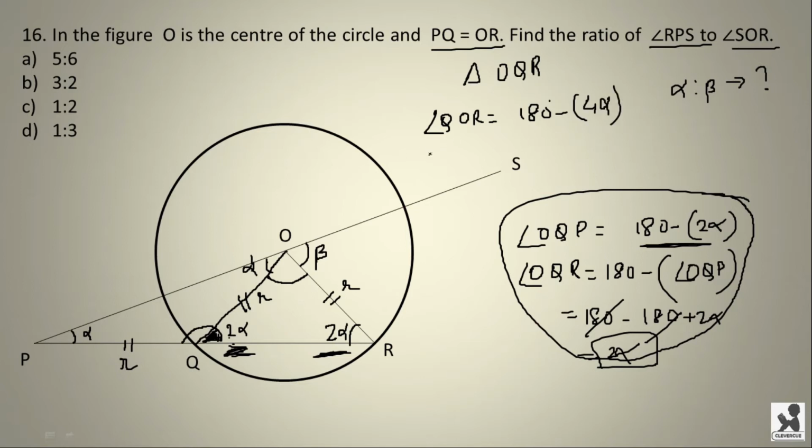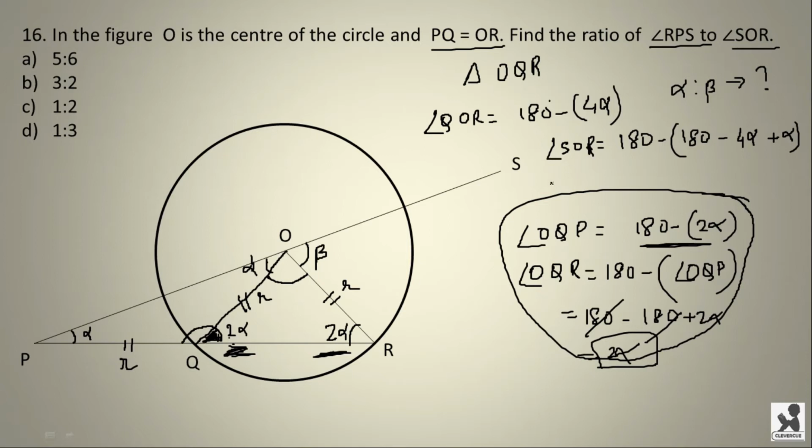And now if we add these two and subtract from 180, we get the value of beta, that is angle SOR is equal to 180 minus (180 minus 4 alpha) minus alpha.